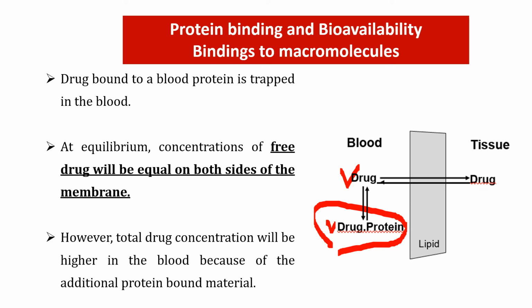But if measured, the total drug concentration will be higher in the blood because of the additional protein-bound material. This is very important, because it's not that all of the drug will bind to these macromolecules, whether protein or DNA. Some part of it will be free and can move to the other side of the cell membrane, into the various tissues, and cause the desired effect.